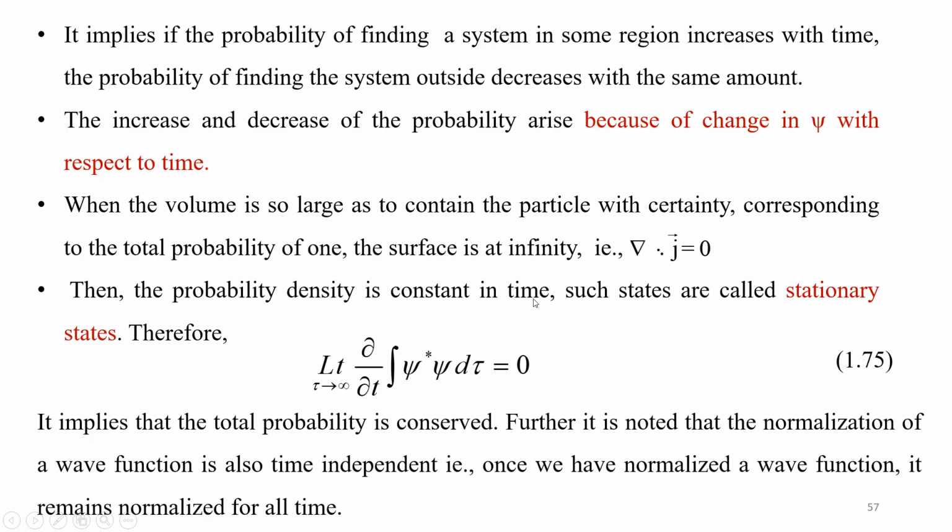Such states are called stationary states. Therefore, in the limit τ tends to infinity, where del dot j becomes 0, it becomes ∂/∂t ∫ψ*ψ dτ equals 0. It implies that the total probability is conserved. Further, the normalization of the wave function is also time independent. That is, once we have normalized the wave function, it remains normalized for all time.